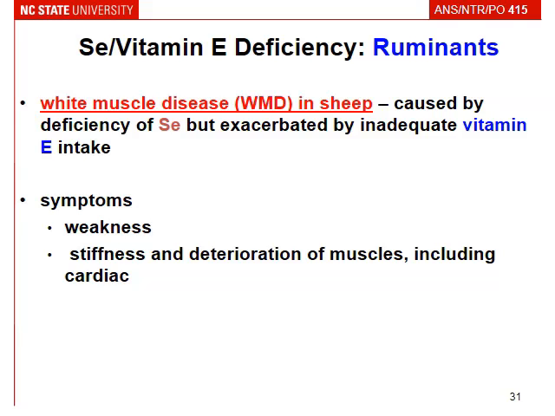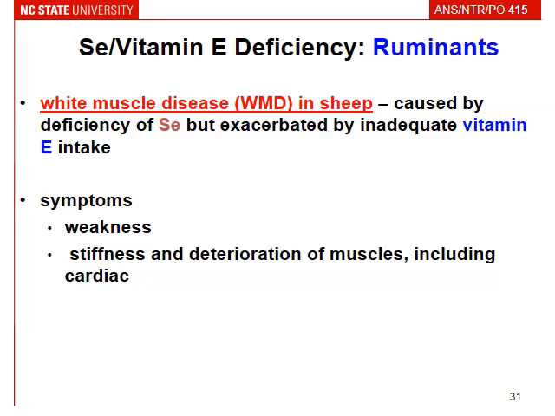Just as I mentioned before with vitamin E, our deficiency sign in ruminants, same with selenium, is white muscle disease. That's due to deficiency in selenium, but it's exacerbated by the vitamin E intake. If you have low selenium and low vitamin E, you're going to have a severe case of white muscle disease compared to adequate vitamin E and deficient selenium.